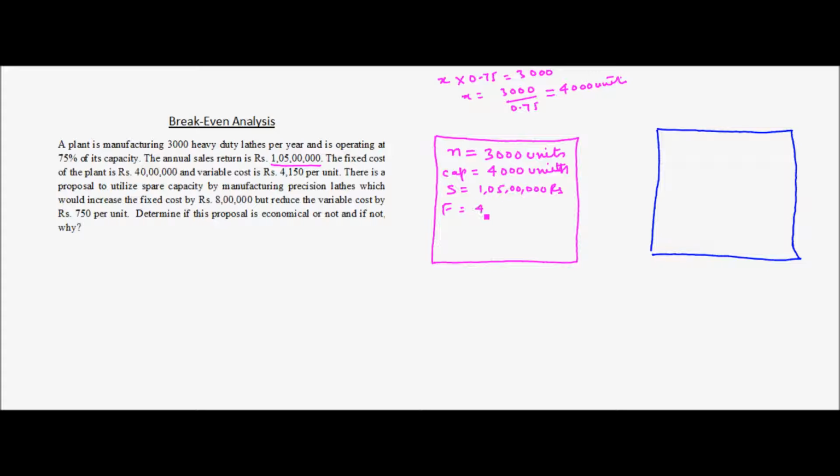So fixed cost is 40 lakh rupees. And the variable cost is rupees 4,150 per unit. So let's say small c represents the variable cost per unit, which is equal to 4,150 rupees per unit. So this is the scenario for the current production capability.